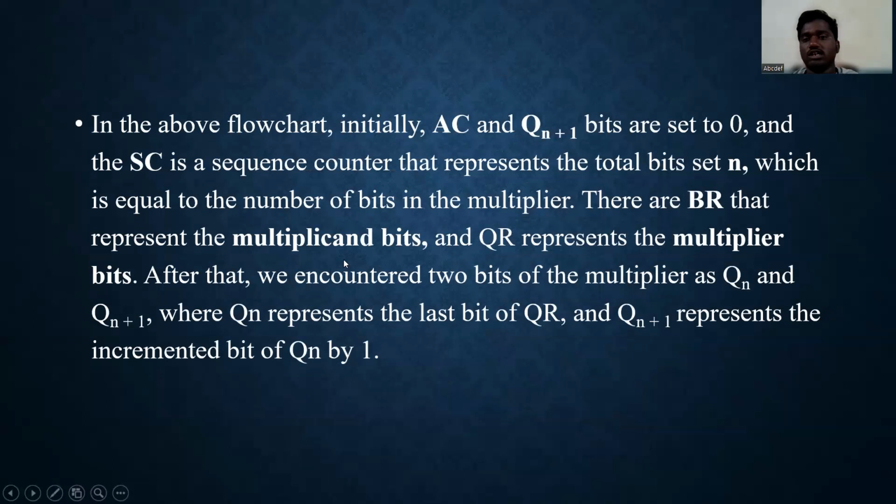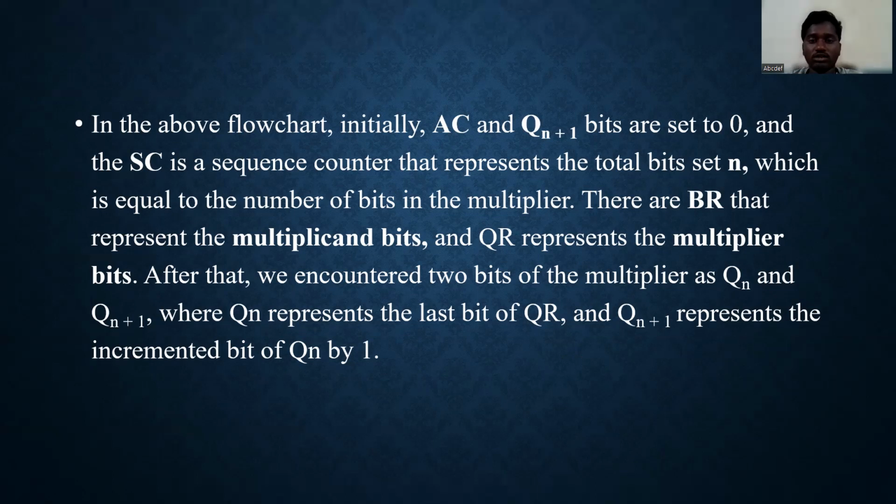In the above flowchart, initially AC and Qn+1 bits are set to 0, and SC is a sequence counter that represents the total bits n, which is equal to the number of bits in the multiplier. BR represents the multiplicand bits, and QR represents the multiplier bits.